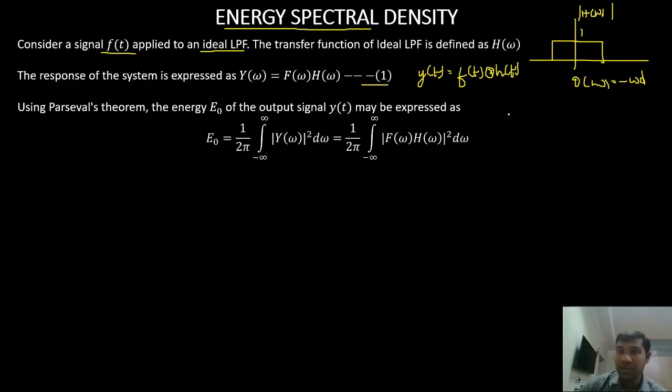It states that the integral from minus infinity to infinity of my signal f of t squared dt, this is the energy of a signal in time domain, is equal to the energy in the frequency domain.